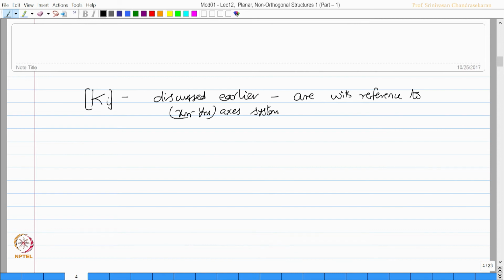Okay. We can otherwise call this, for our understanding, the local axis system, where M is the index of the member.